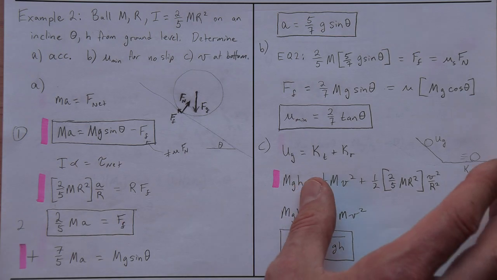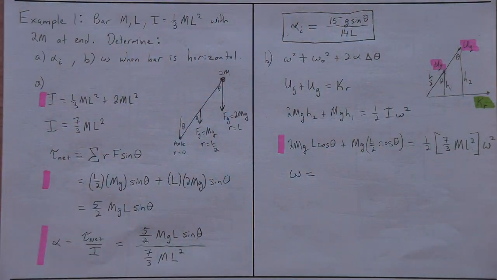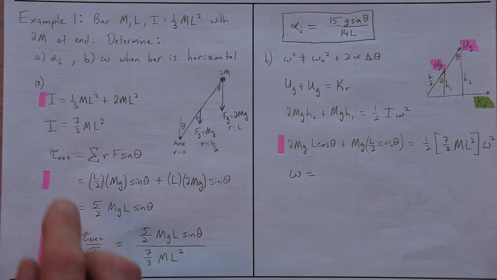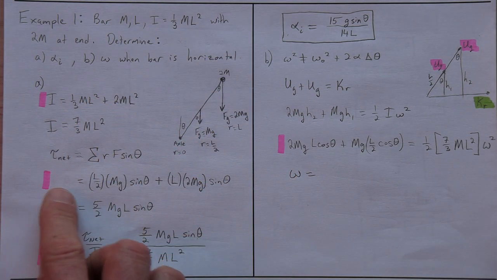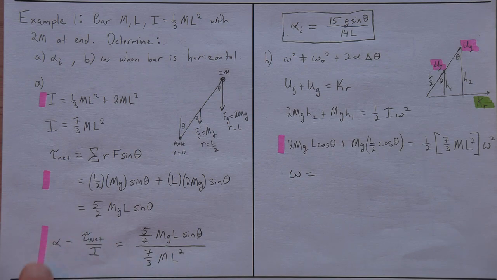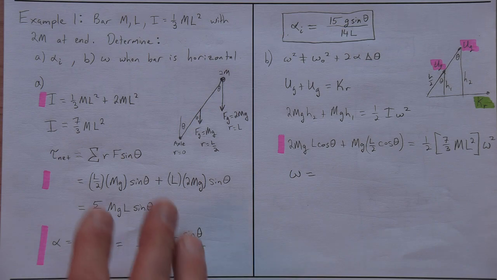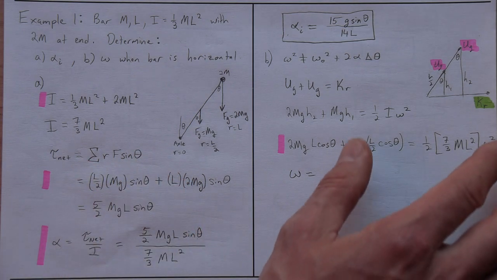So rolling down a hill. Then we had this example of a bar rotating down. We had to calculate inertia and torque net and use alpha equals torque net over inertia. Possibly a little energy conservation in there also. So that was another example we did.